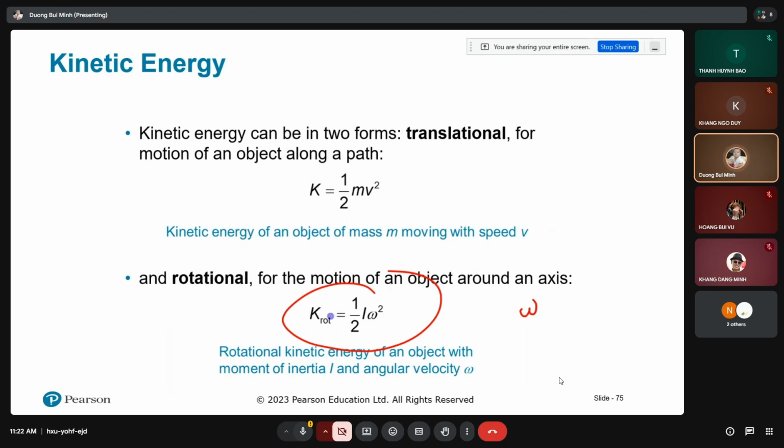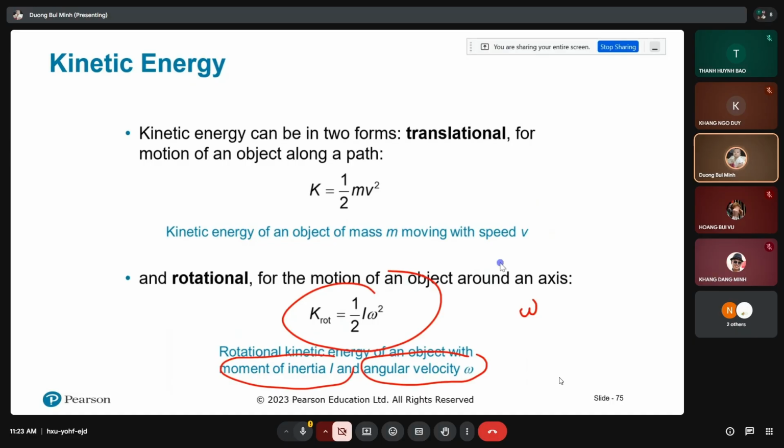The kinetic energy for rotational motion is half I omega square. Of course, omega is angular velocity, and I is the moment of inertia. We know how to calculate the moment of inertia from high school. We make the experiment, and then we can get inertia moment. But we don't have enough time, so for this course we haven't studied how to calculate the inertia moment.